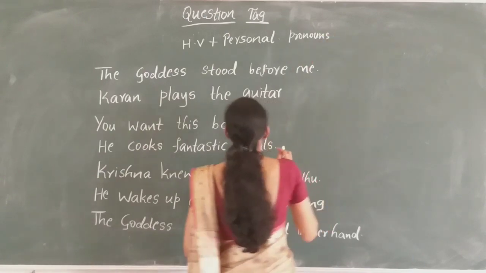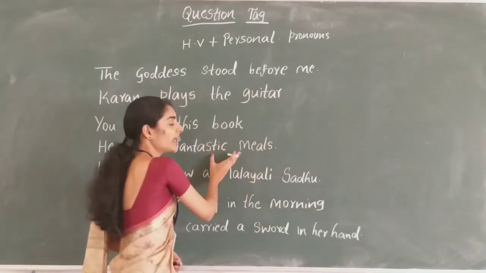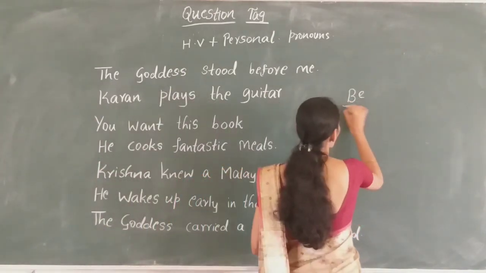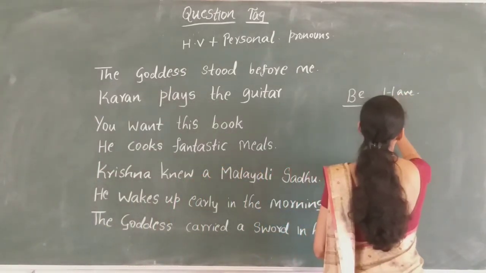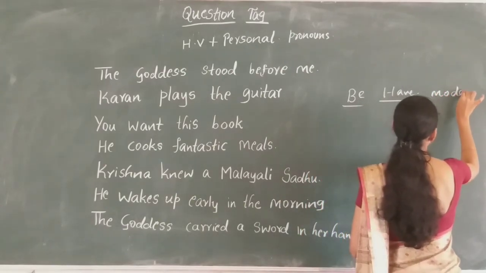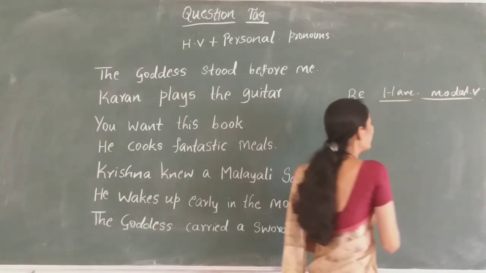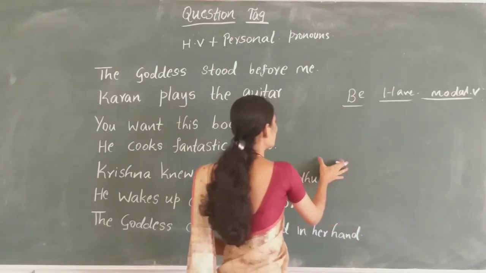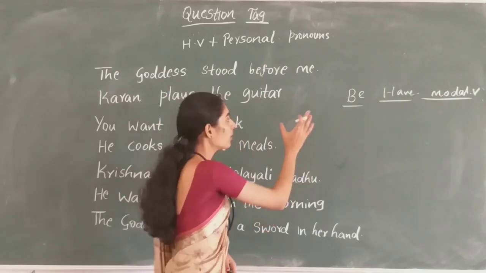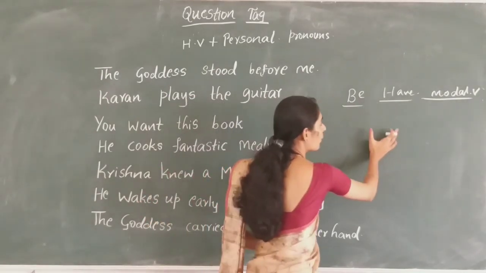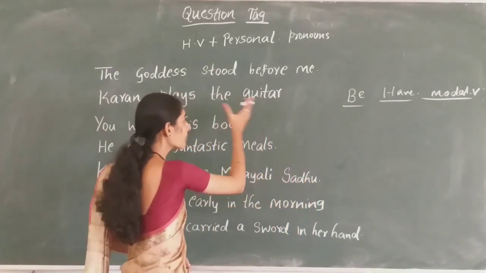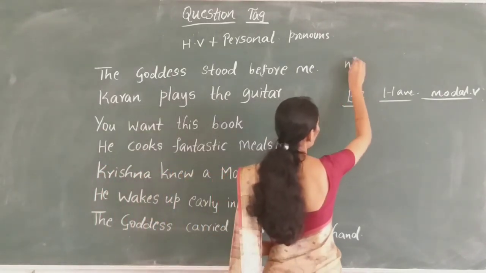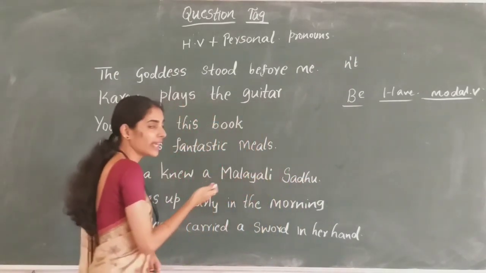When there is a helping verb, be form, have form or modal verbs in the given sentence, then we have to take the same verbs, that is be or have or modal verbs, and then add n't to make the tag negative.